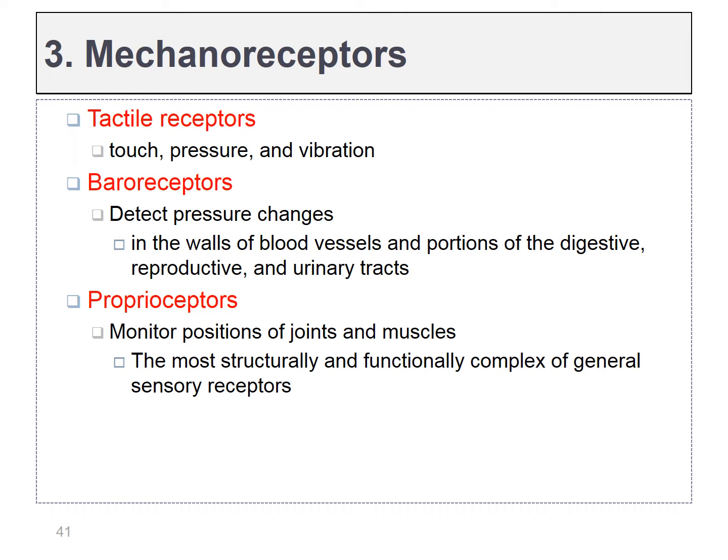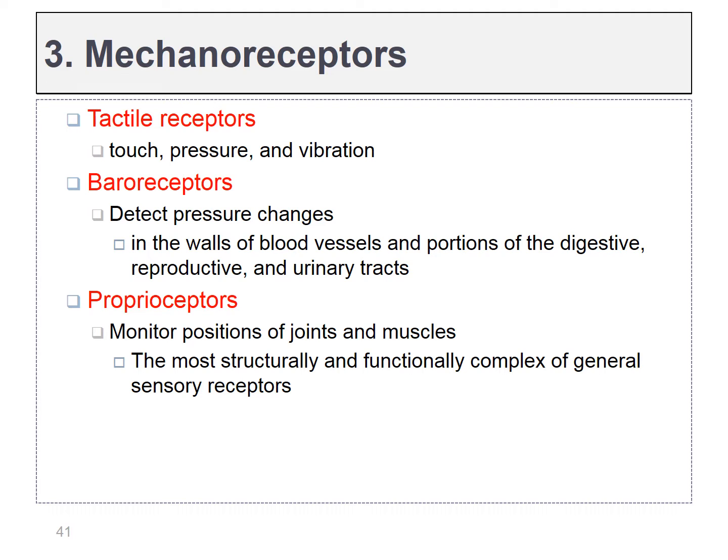There are a number of different types of mechanoreceptors. There are a number of tactile receptors in the skin, but there are also the baroreceptors, which can detect changes in pressure. We already talked about some baroreceptors when we discussed the baroreflex.